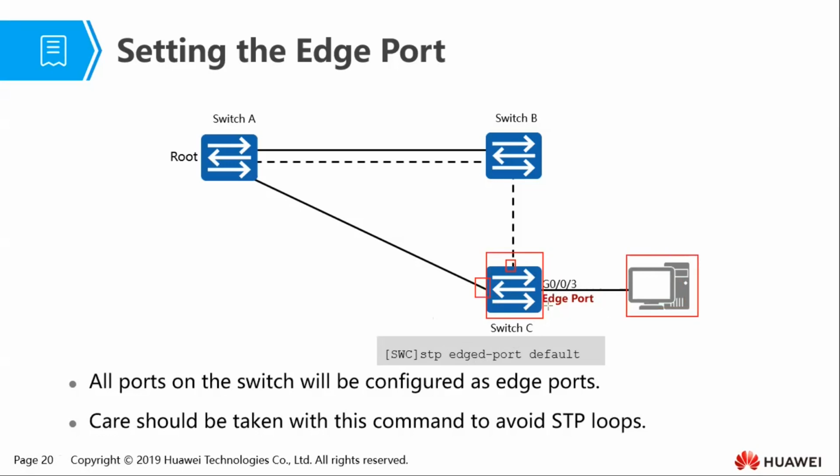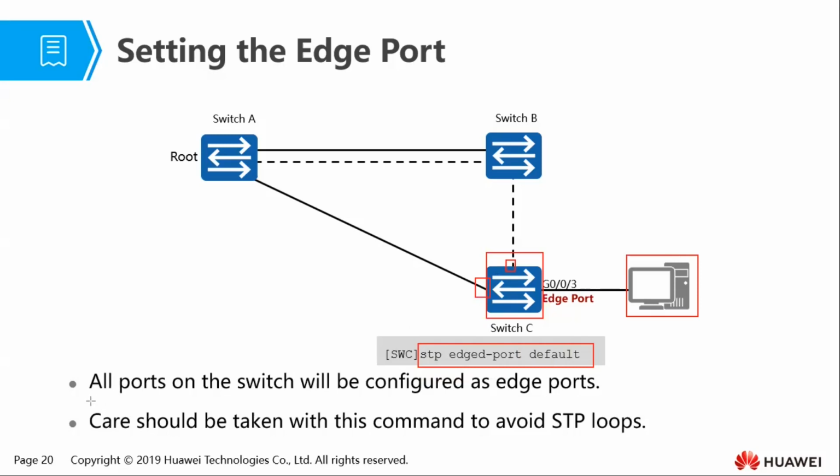So it will be easier not to enable port by port for all the 22 ports. So what you do, just enable all the 24 ports to become edge ports. Then now you can configure these 2 ports as non-edge ports. So it becomes a little bit easier for you to do that.